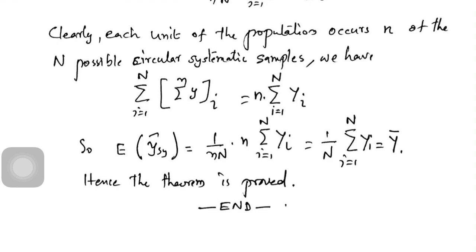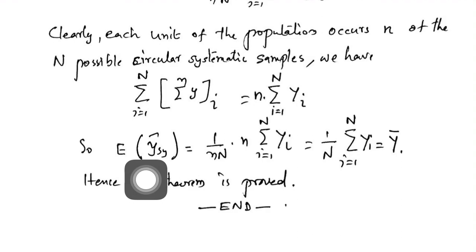Okay, and similarly what will be the unbiased estimator for the population total in this case? Even though I have not mentioned here, you can simply say that capital N times this y bar sy will give you an unbiased estimator for the population total. So you can see that expectation of capital N into y bar sy equal to capital Y, where capital Y represents the population total.